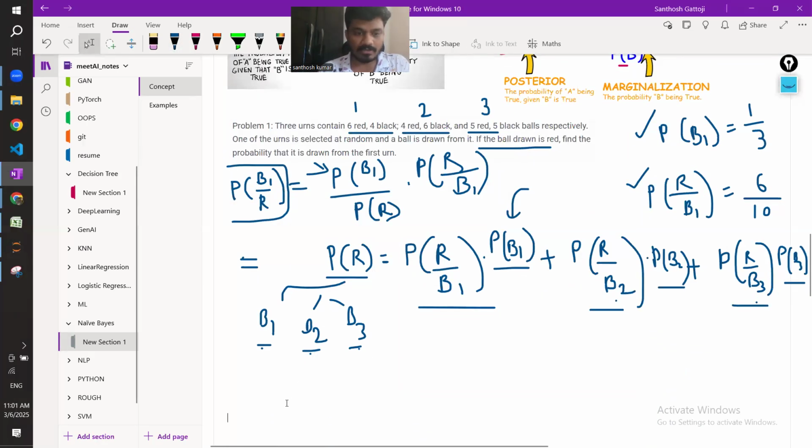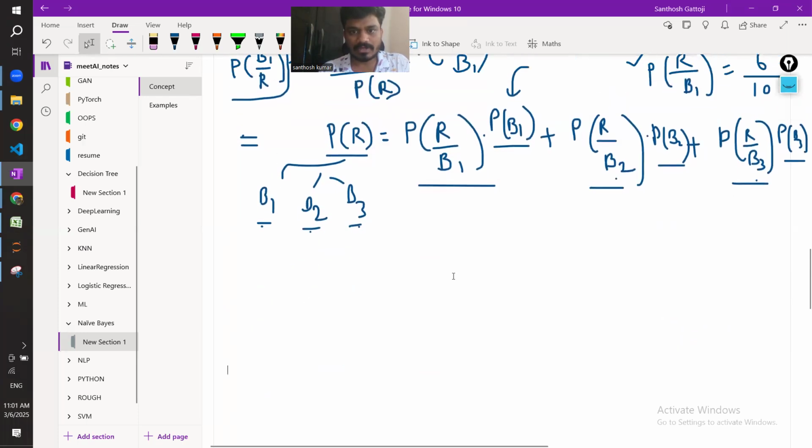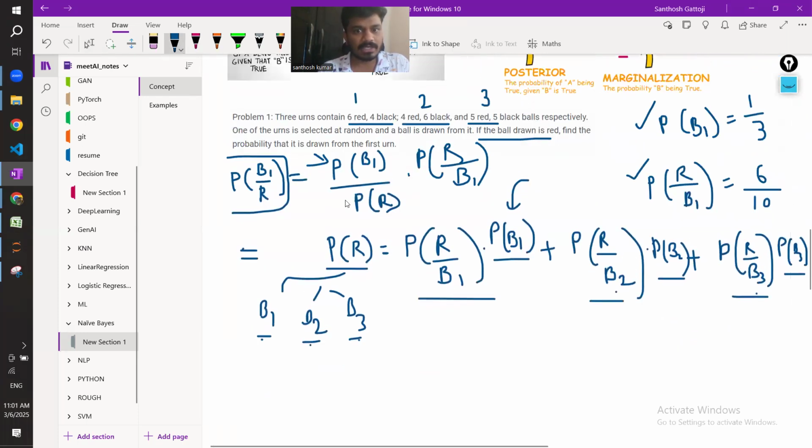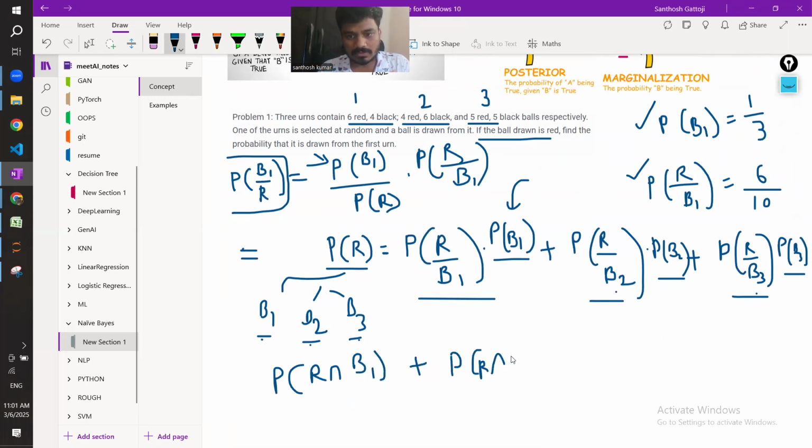So one way to understand this is, if you see in our conditional probability, when you are saying probability of R, it could be from B1, B2, B3. That means probability of R and B1, plus probability of R and B2, plus probability of R and B3.